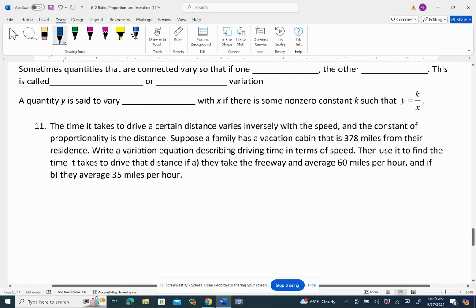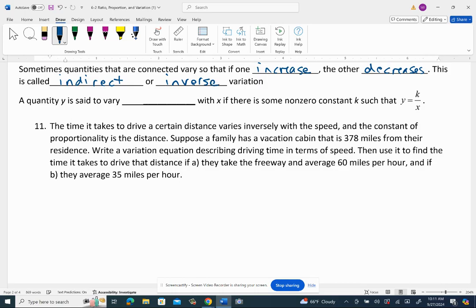All right, so let's look at another type of variation. Sometimes two quantities are related in this way. If one increases, the other decreases. And vice versa. If one decreases, then the other one increases. This is called indirect or inverse variation.